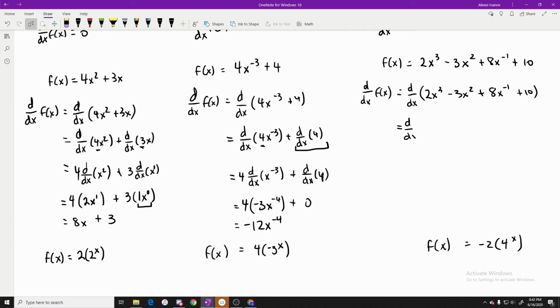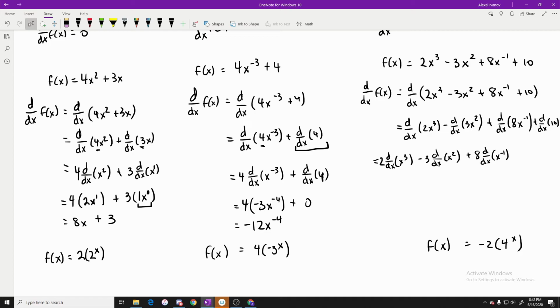We're going to take the derivative of the first one, which is 2x cubed, subtract away the derivative of the second one, which is 3x squared, add the derivative of the third one. Oops, this should be a minus 1, and then it should close, and then we're going to add the derivative of 10. So again, we're going to apply the constant multiple rule and simplify these derivatives even further.